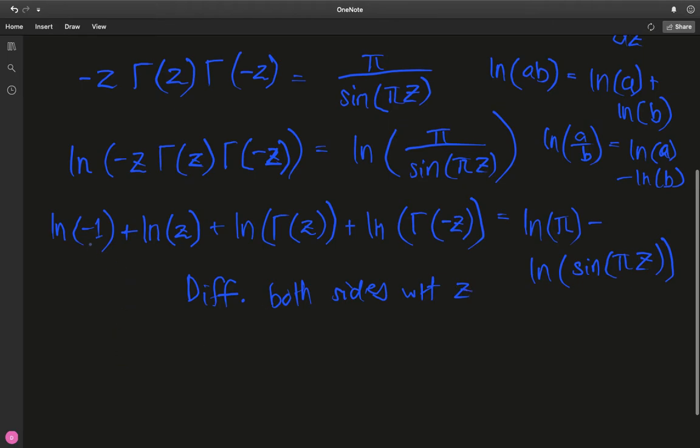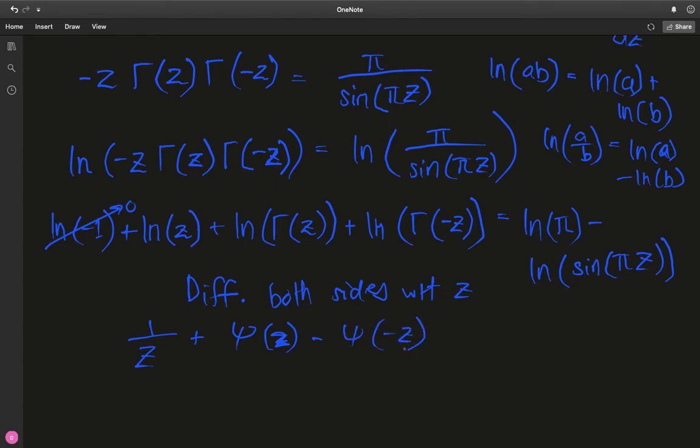So when we do that, natural log of -1, since we are dealing with complex numbers, is going to be I pi, and this is a constant, so this will go to 0. And then when we differentiate the natural log of z, we have 1 over z plus the derivative of the natural log of gamma of z, which is nothing but the digamma of z by definition. And here we have negative because of the chain rule.